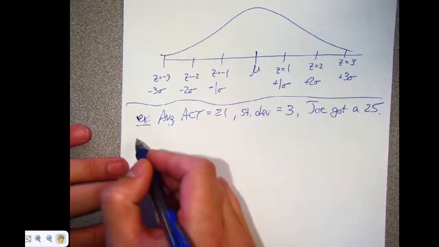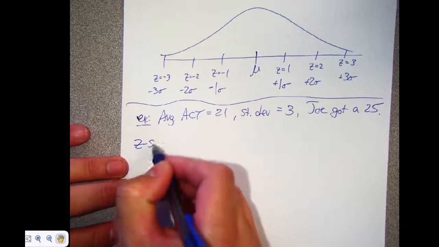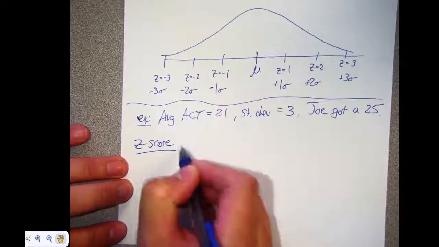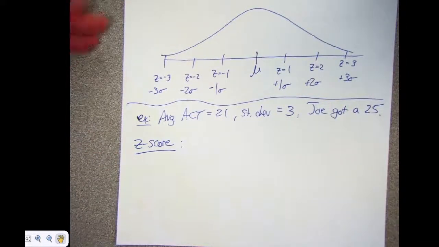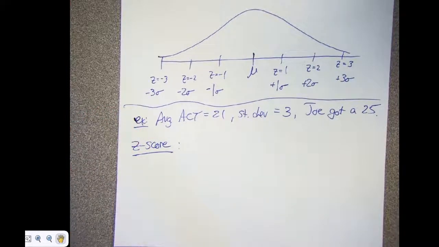I'm going to ask you for 3 things. I'll just do one at a time. First one is to find the z-score.